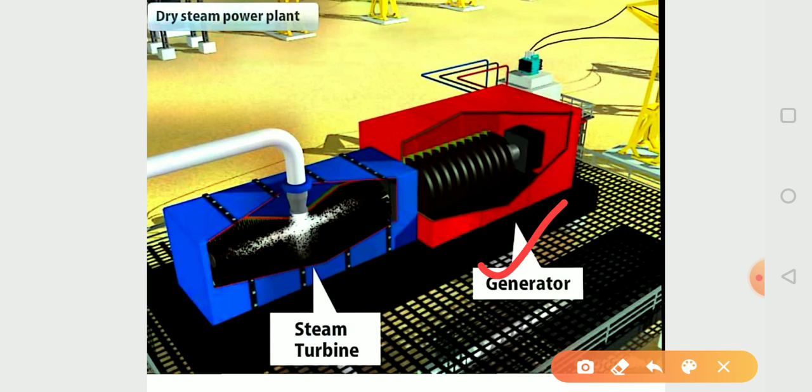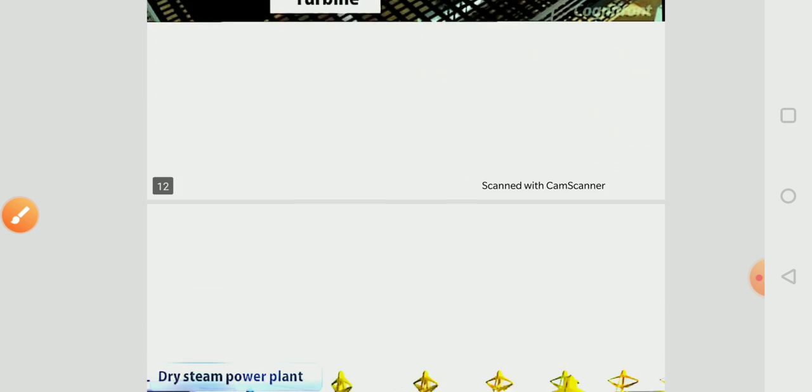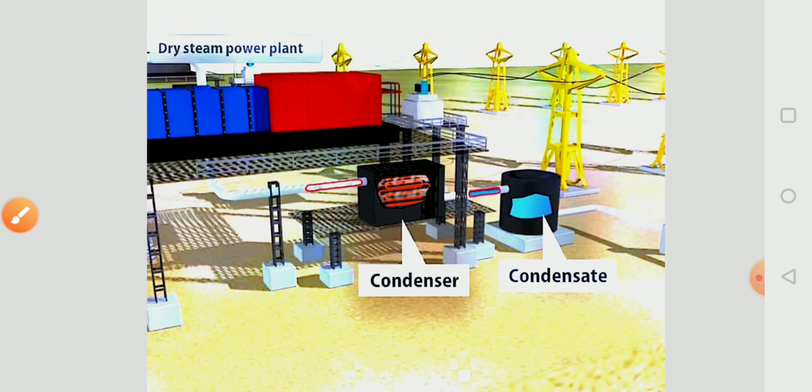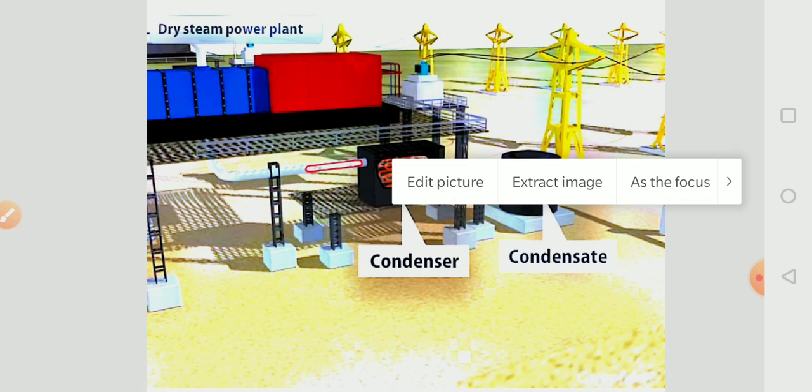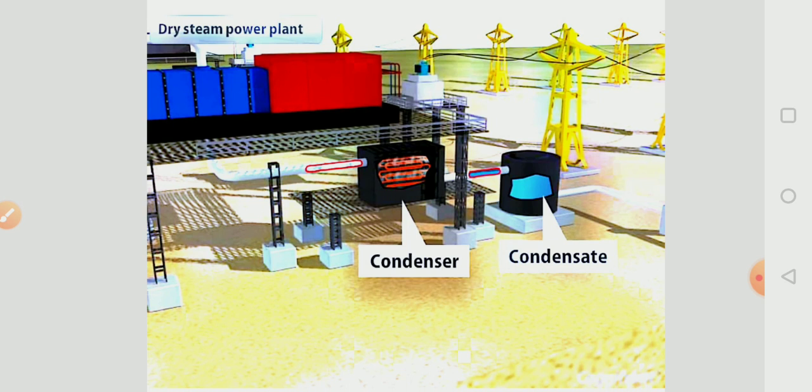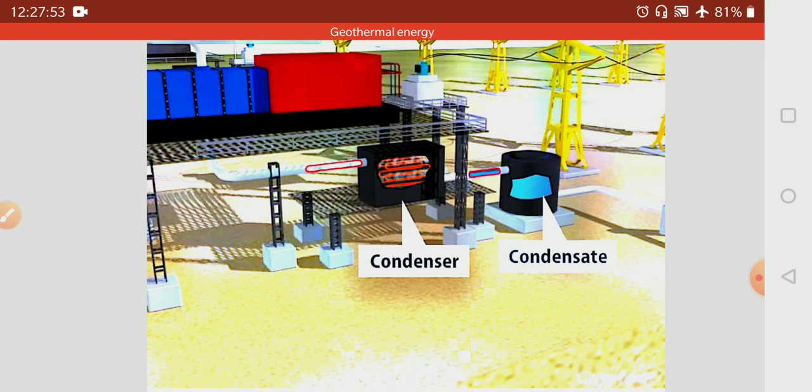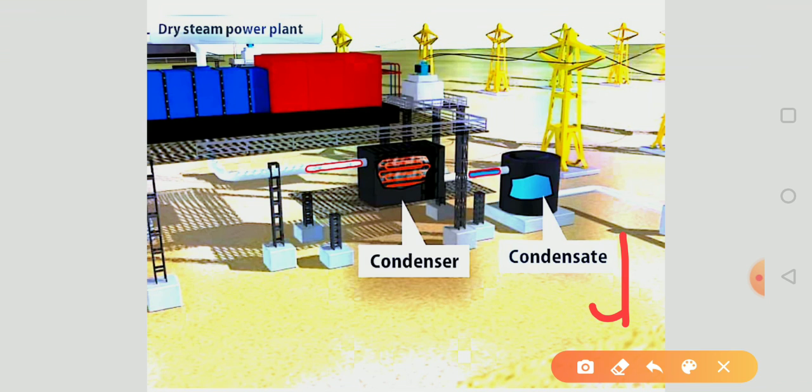The extra steam goes through the condenser. This is the condenser. The steam goes through the condenser where it is converted into water, and here we can see this is injected back into the earth through the injection valve.